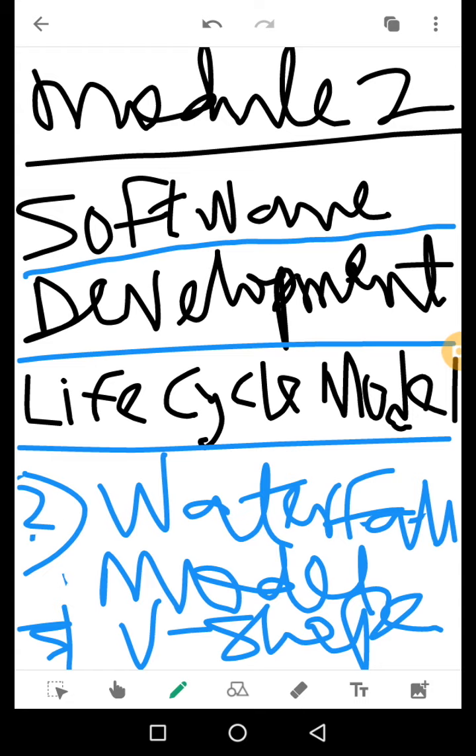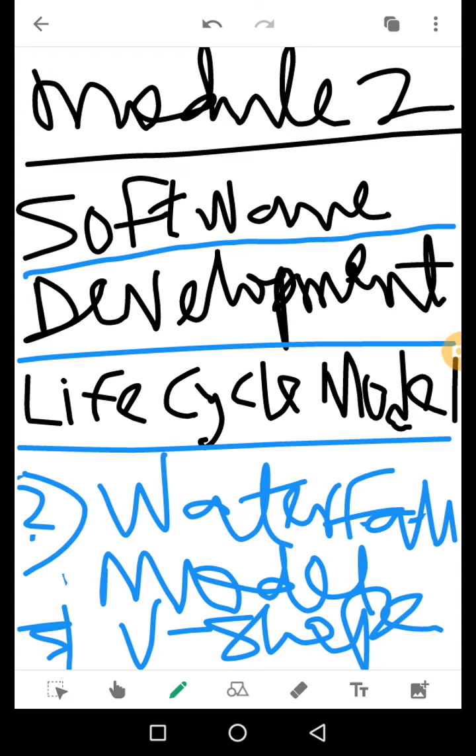Before any coding is done at all in the V-shaped model, the testing procedures must have been developed in the early life cycle. Are you getting it now? Then requirements begin the life cycle model just like the waterfall. So the first phase of the V-shaped model is requirements.